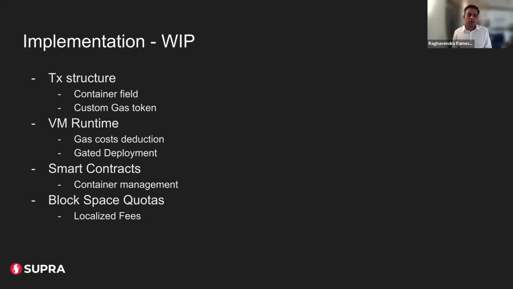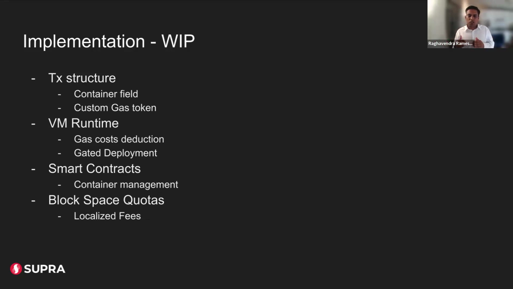So more or less, this entails modifying the components across the spectrum. We'll have to modify the transaction structure itself so that we identify that this transaction belongs to this container. So you need a container field there. And the amount that is set for the transaction fee has to be interpreted in the currency of the custom gas token, right? And then we'll have to modify the VM runtime too.